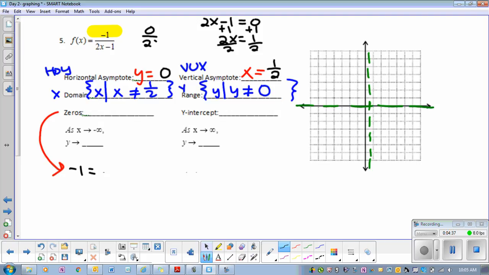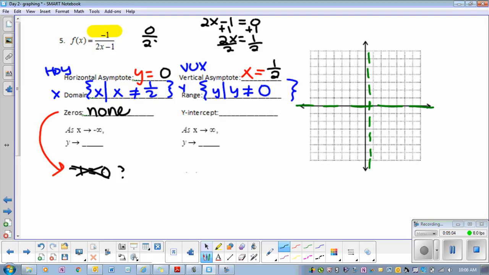But on the top, I just have -1. Is there an x there that you can solve? No. Does -1 equal 0? No. Since there's nothing for me to solve there, there are no zeros.